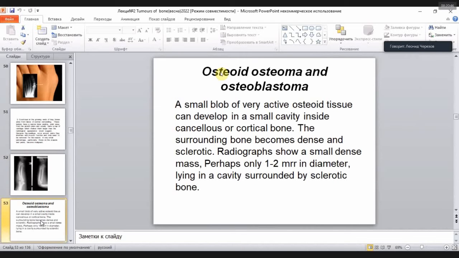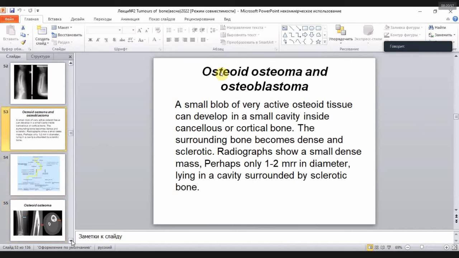Osteoid osteoma and osteoblastoma. A small bleb of very active osteoid tissue can develop in a small cavity inside cancellous or cortical bone.